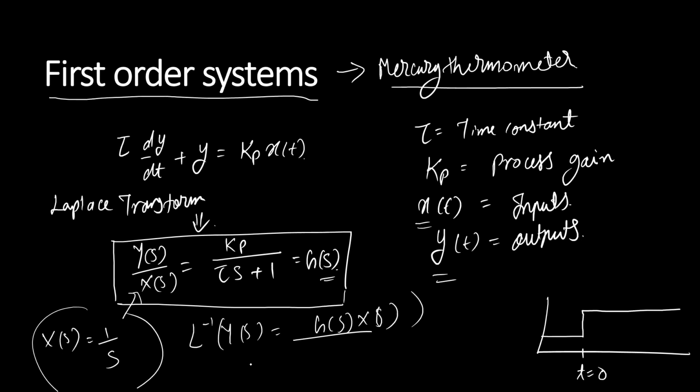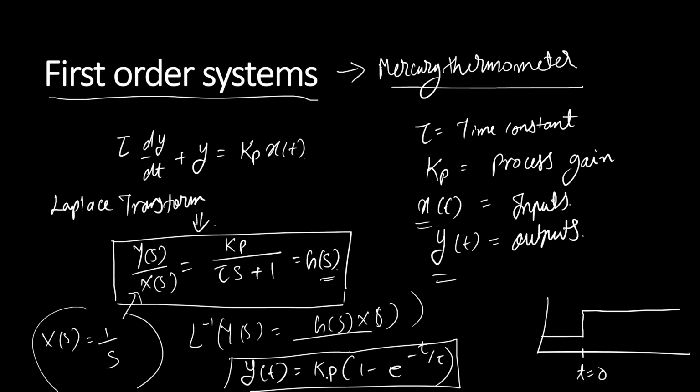So we get y of t is equal to Kp times 1 minus e raised to minus t upon tau. This is the general solution of a first order system, where Kp is the process gain, t is the time instant at which we need to find the value of y(t), and tau is the time constant.